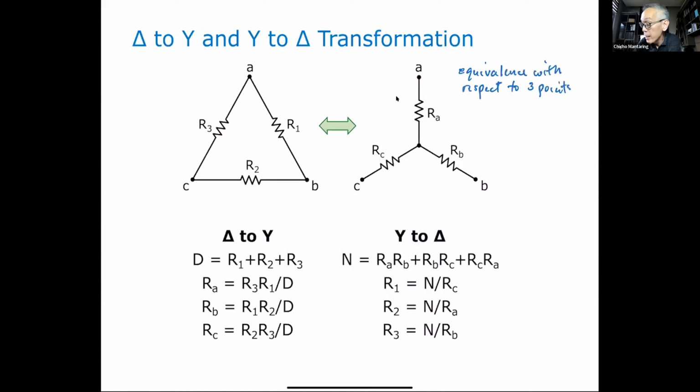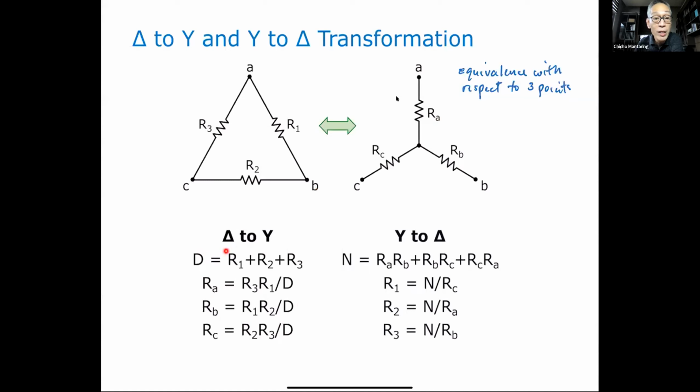In this particular case, A, B, C, and D. So if I have resistors arranged this way, I can convert it to resistors arranged this way. And this is my conversion formula.